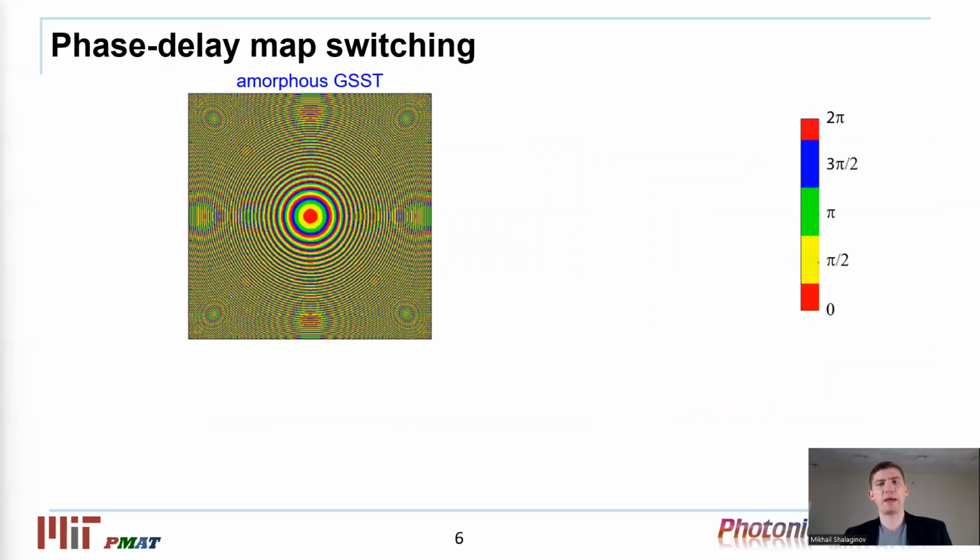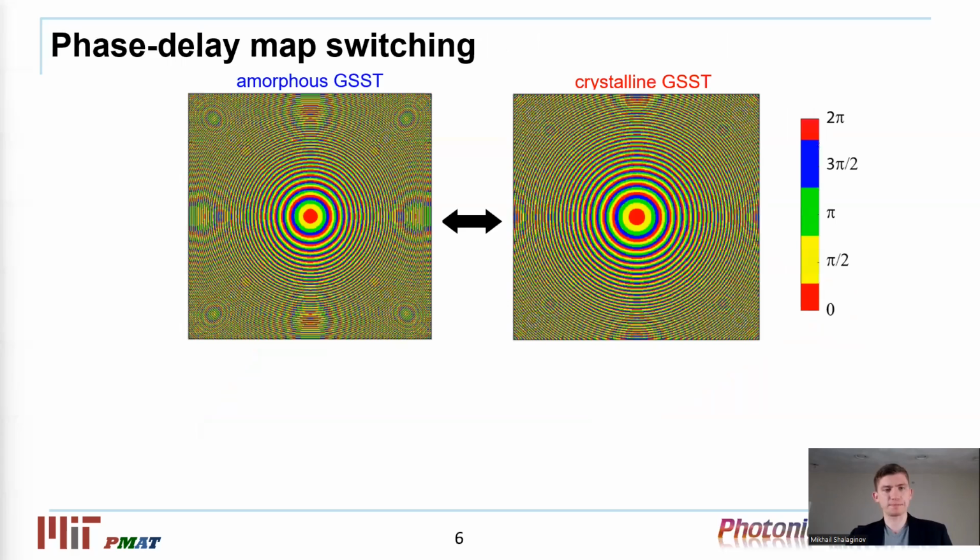How did we implement the focus spot shift? We accomplished this by switching between the two phase delay maps, which are illustrated here. The colors stand for various phase delay values. The reconfigurability is achieved by changing the refractive index of all meta-atoms collectively.